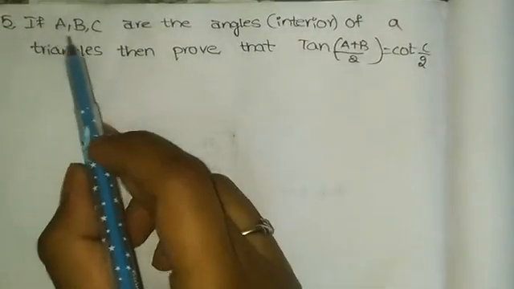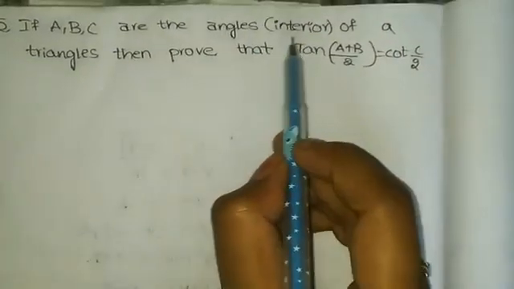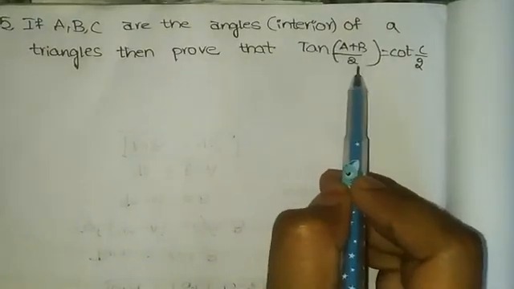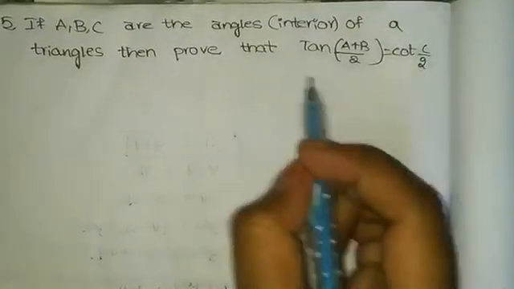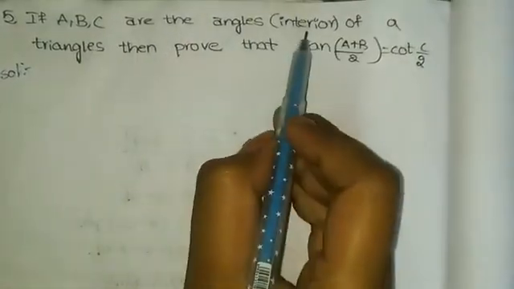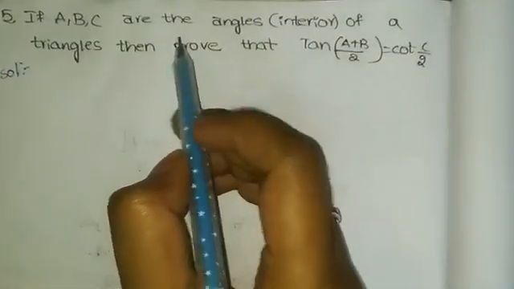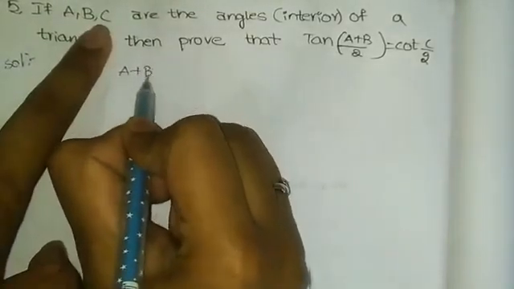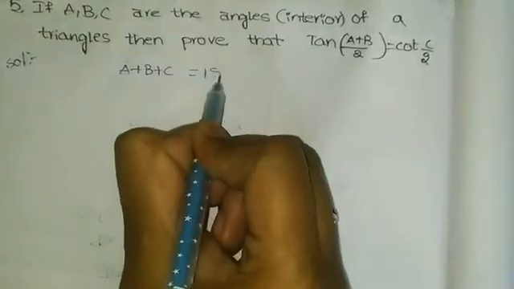Next question: if A, B, C are the interior angles of a triangle, then prove that tan of (A plus B) by 2 is equal to cot of C by 2. For this, I am taking the given that A, B, C are interior angles. We know that the sum of interior angles A plus B plus C is equal to 180 degrees.